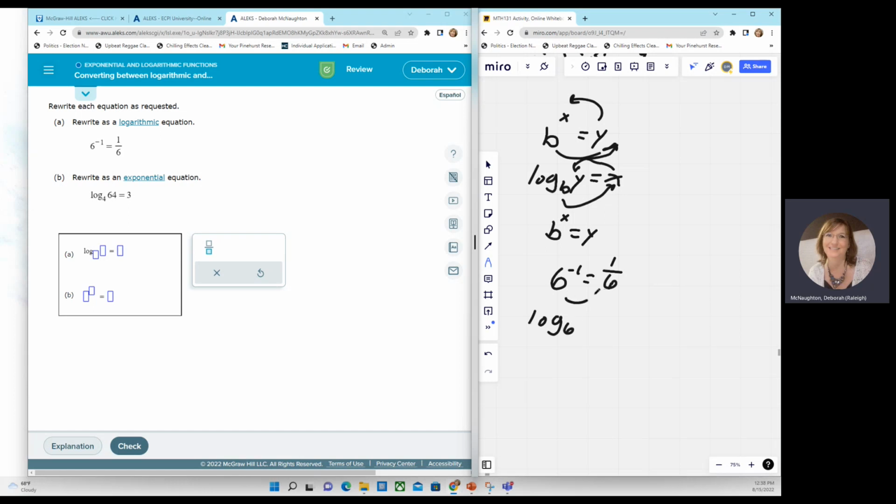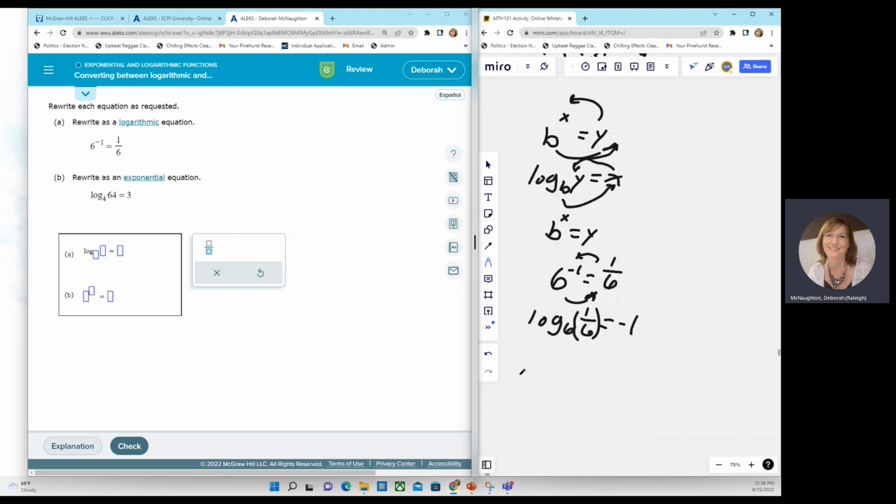Then I go to the other side and I grab the 1/6. So log to the base 6 of 1/6 equals, and then I come back over and get the power -1. So log to the base 6 of 1/6 equals -1.